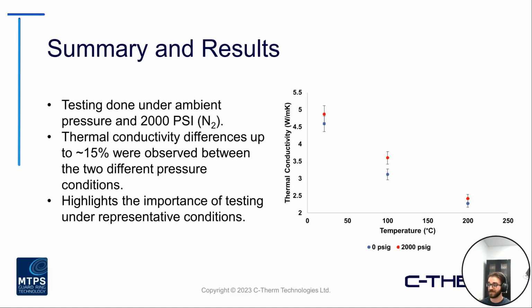A 15-20% swing in thermal conductivity can have a significant influence on the overall process that you're working with. So again, just a potential example of where this type of representative test data becomes important.